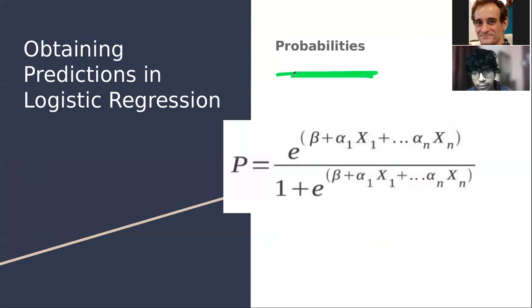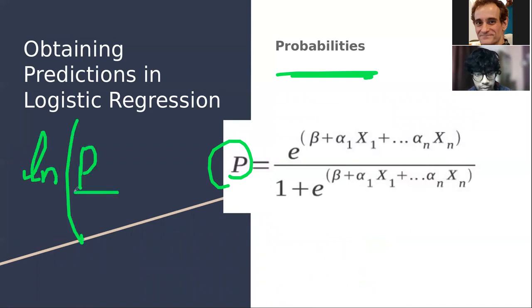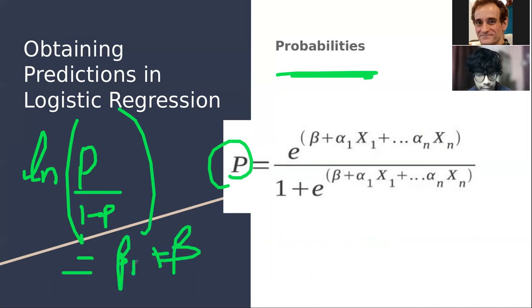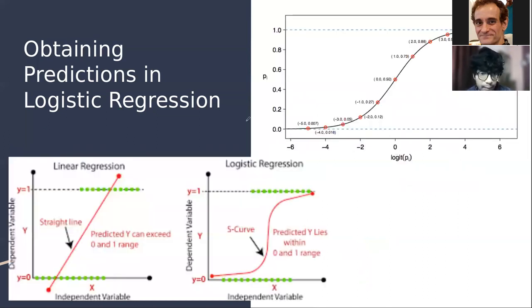If you want to know about the probabilities, they would have been obtained once we had solved this equation of log of odds ratio equals beta naught plus beta 1x. If you had solved this equation in terms of p, you would have obtained probabilities. Now let's see what we do exactly. If there's a threshold of 0.5, you draw an imaginary line.